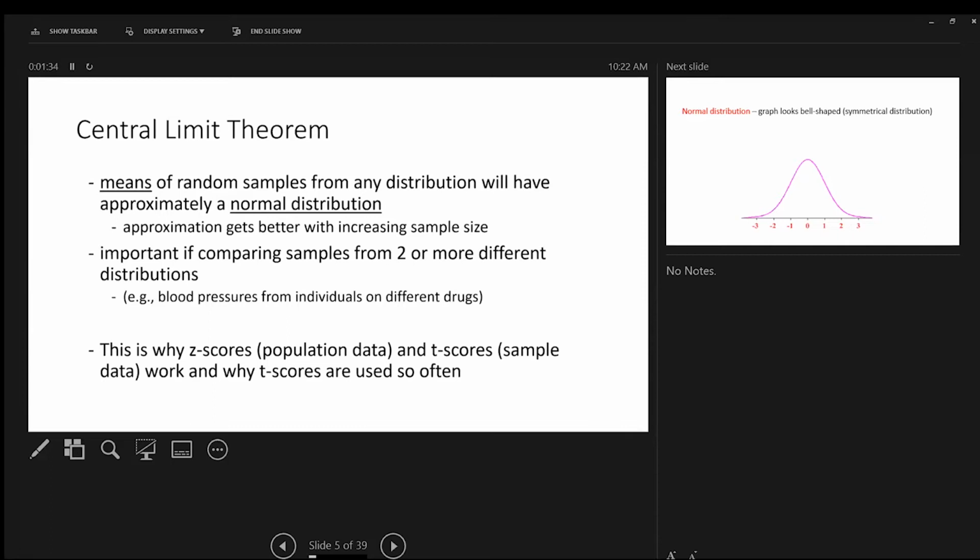And this is why z-scores and t-scores work and why t-scores are so often used. We'll talk more about t-scores and t-distributions. We'll talk a little bit about it today, but we'll really get into it after your first exam, which is in 2 weeks. But essentially we use z-scores when we have population data and t-scores when we have sample data.